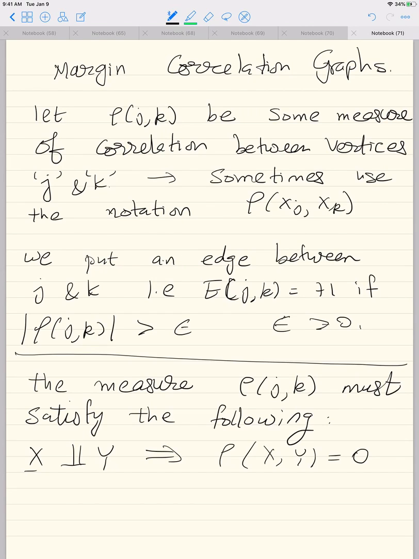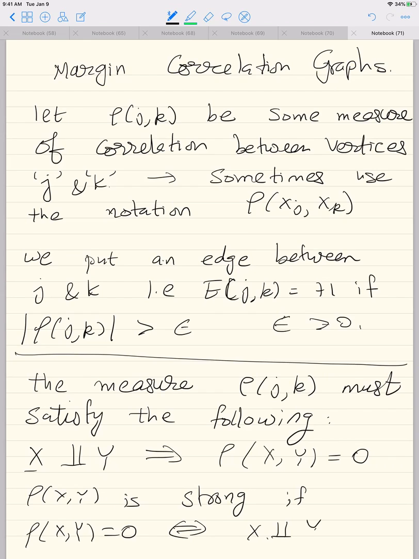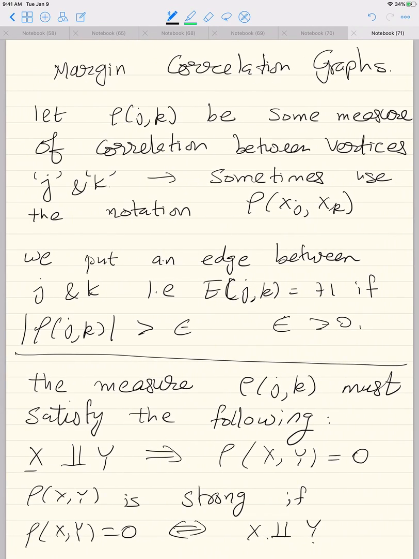We say rho is a strong correlation if the opposite is true: rho xy is 0 if and only if x is independent of y. So not all correlation measures that we will discuss will be strong. In fact, most common ones are not strong. But there are a few that are strong that you should know about, so we'll discuss those.